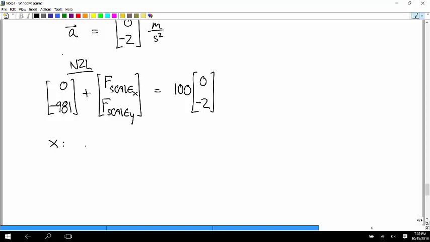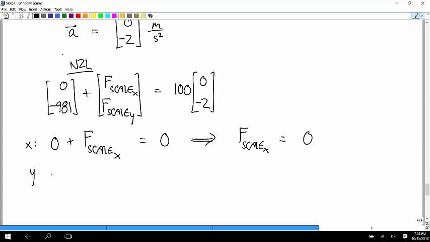So the X equation says F scale X is equal to 0. To expand on this, the X equation says 0 plus F scale X is equal to 0. So F scale X is equal to 0. And the Y equation says negative 981 plus F scale Y is equal to negative 200.